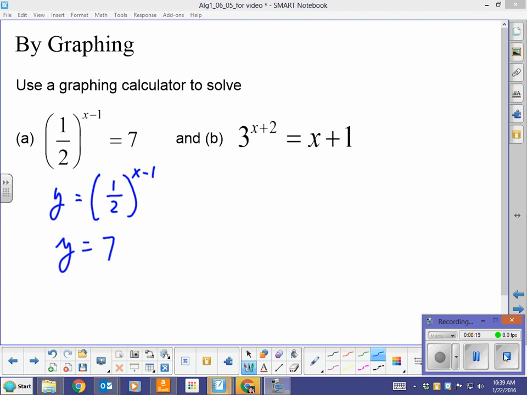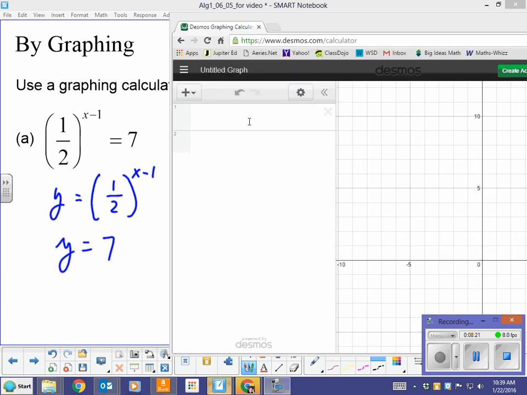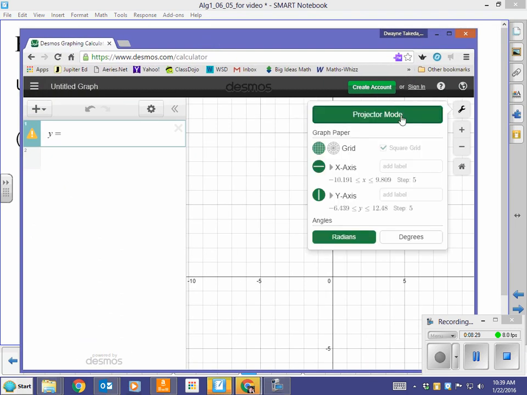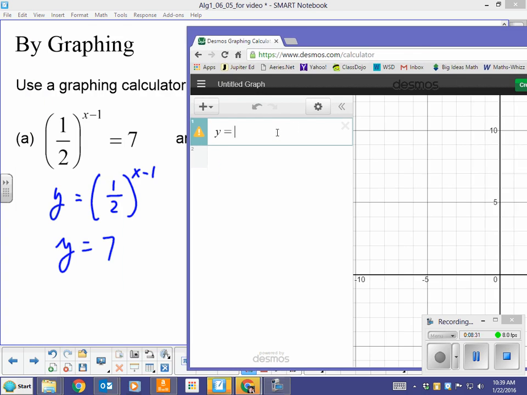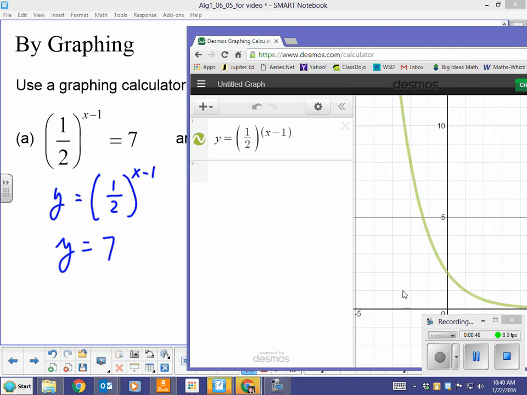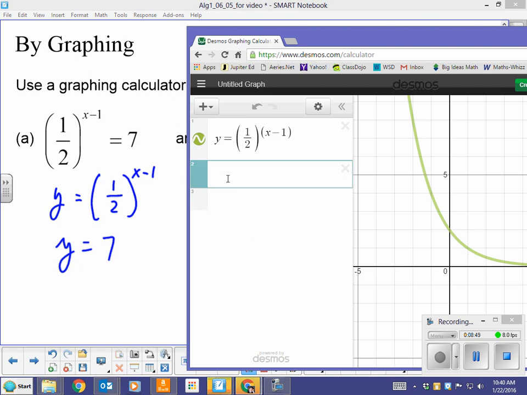Now I'm going to open my Desmos graphing calculator, and I'll put these in this way. Let me put this on projector mode so you can see it a little easier. y equals 1 over 2 raised to the power of x minus 1. So there's that graph here. And the other is y equals 7, which is going to be a horizontal line.